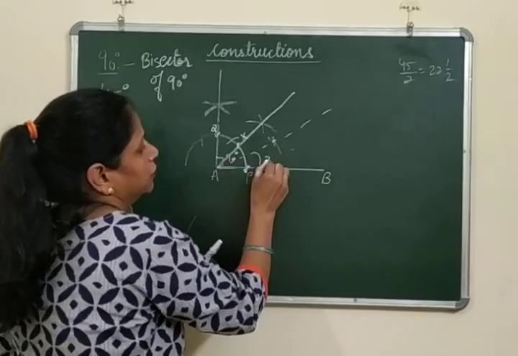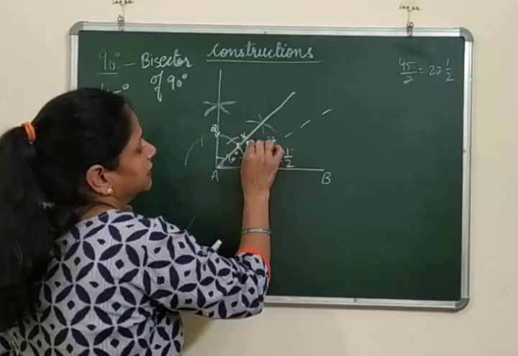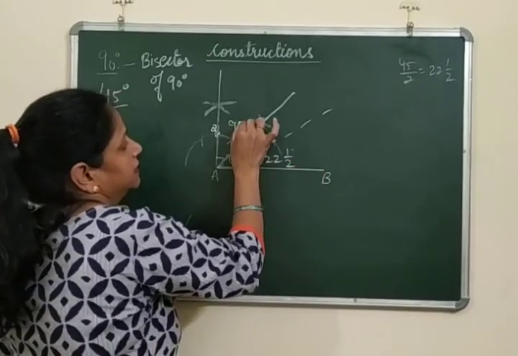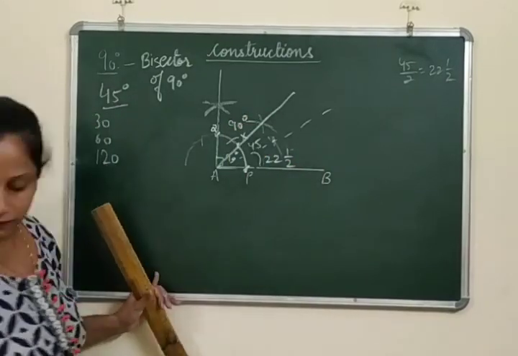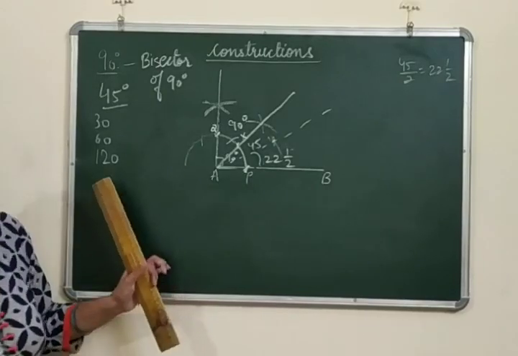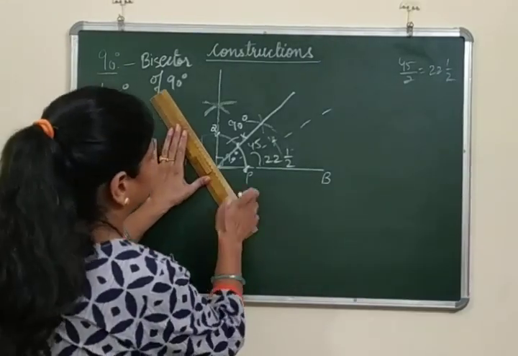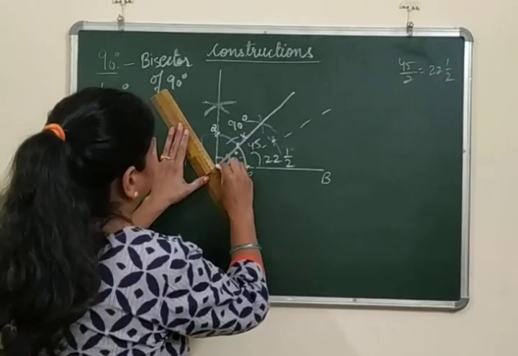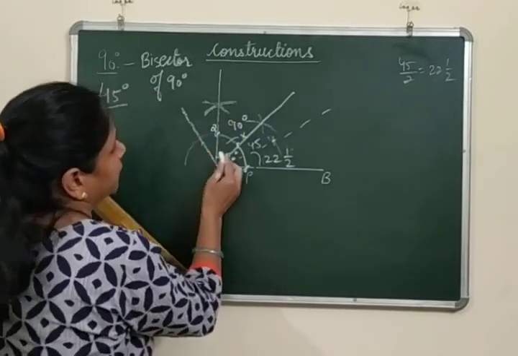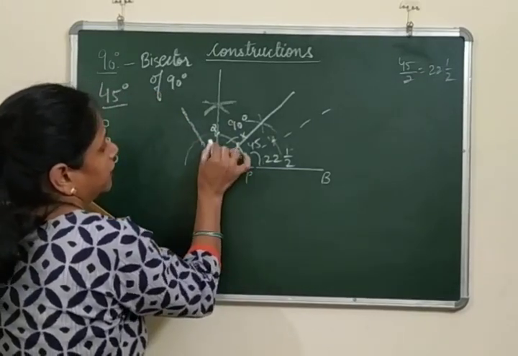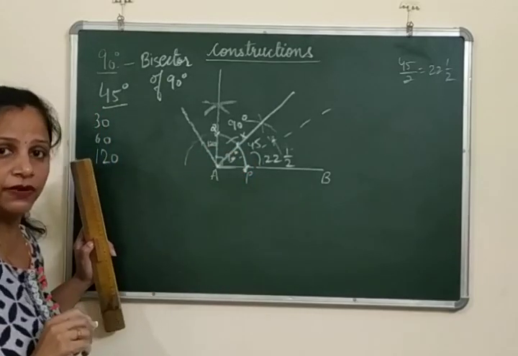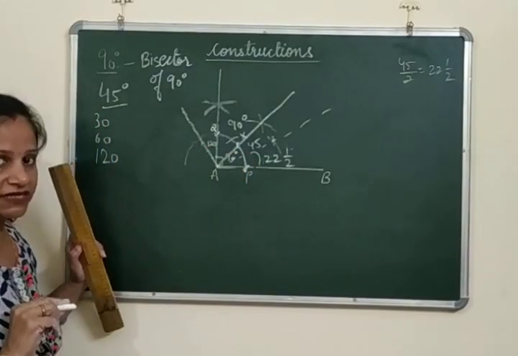So this angle will be your 22 and a half. This angle is 45. This angle is 90. Right? If you make this angle, it will become your complete angle of 120. Right? I hope it is clear.